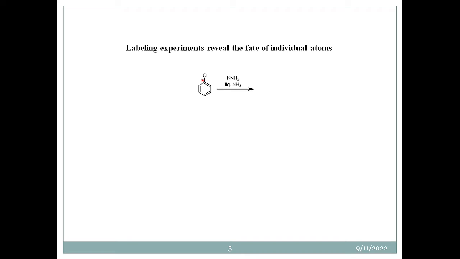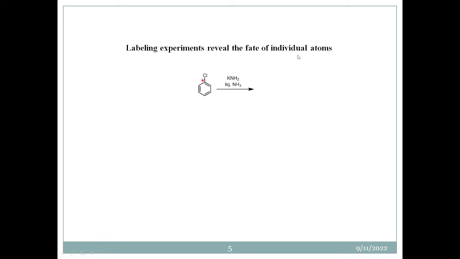Let's say here the ipso carbon, the carbon attached to the chlorine, is of our interest. So we will substitute that carbon atom with its isotope. Basically we are trying to distinguish between the carbon atoms. Let's say initially it is 12C, so we will replace it with isotope 13C or 14C, whatever.